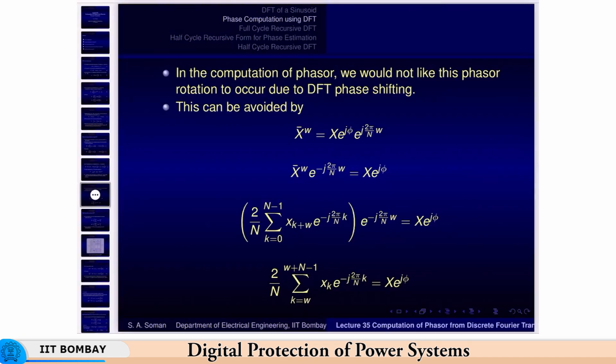So, instead of 0 to n minus 1, we change the index from W to W plus n minus 1, if the first sample was the window number. If rather the window number was the number of the last sample, then of course you can do a similar process, but you will have to change the index from W minus n plus 1 to W. Okay.